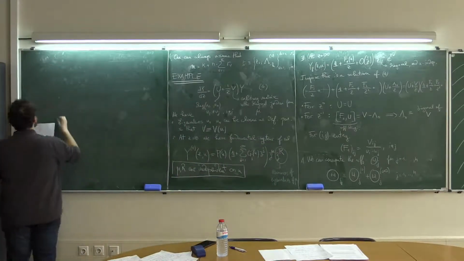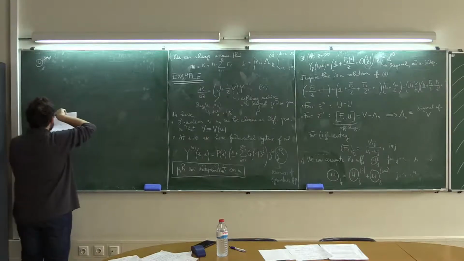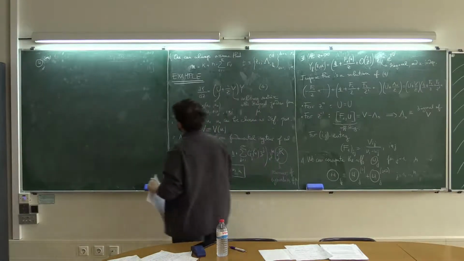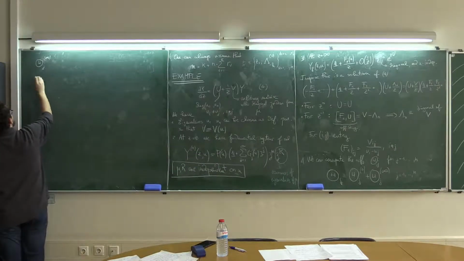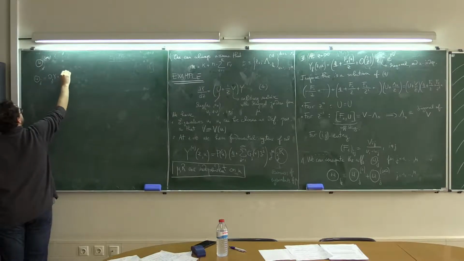So, for example, for theta j, the contribution coming from infinity: recall that theta j must equal y times y inverse.